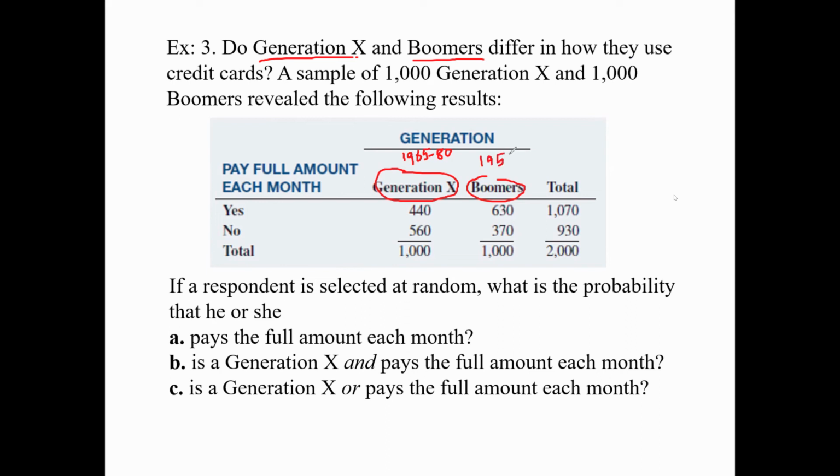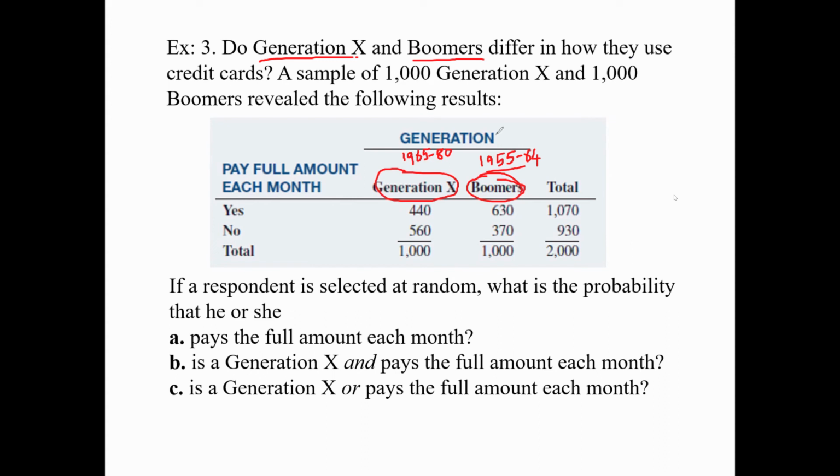This is just out of curiosity I'm giving you, as some of you may not know what is meant by generation X and boomers. Now I belong to this group, boomers, the people who are around 60 plus years, less than 80, 70.